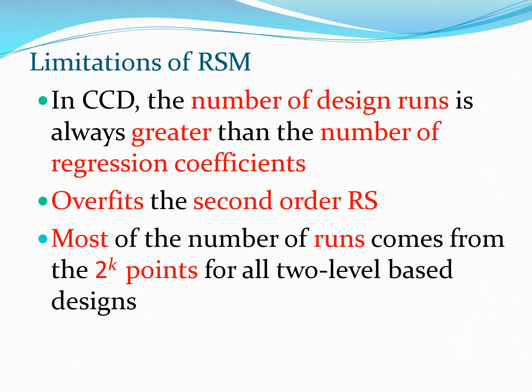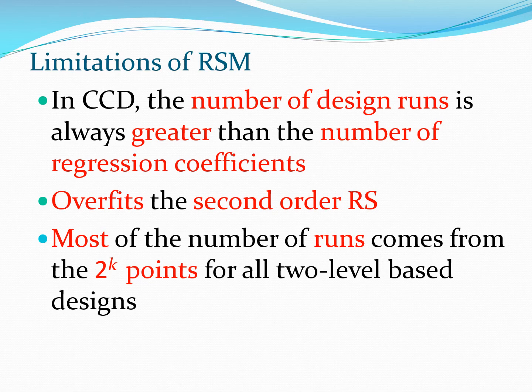One of the good points about CCD is that the number of design runs is always greater than the number of regression coefficients. So on the positive side, you do get a plethora of points and you can fit a very good response surface through these points. But we also see from the previous table that most of the runs come from the 2 to the power k design.